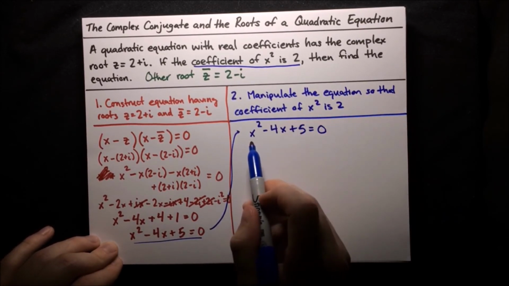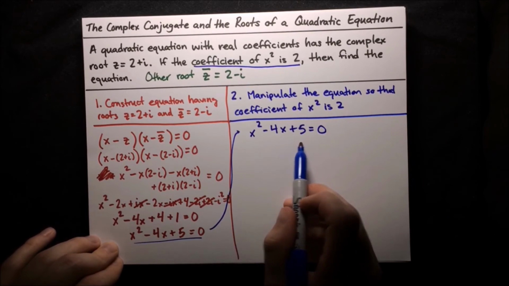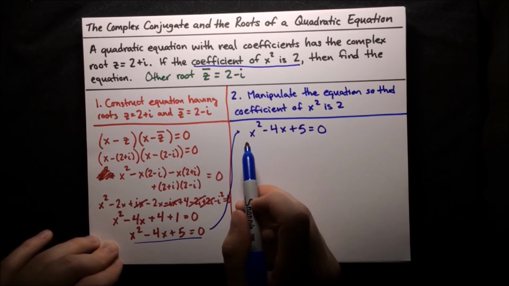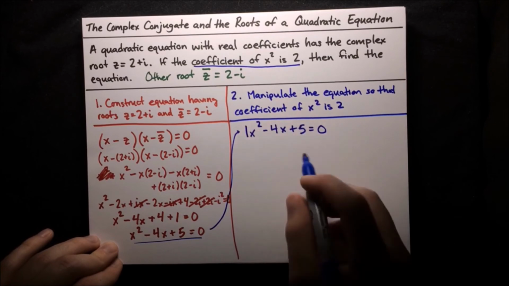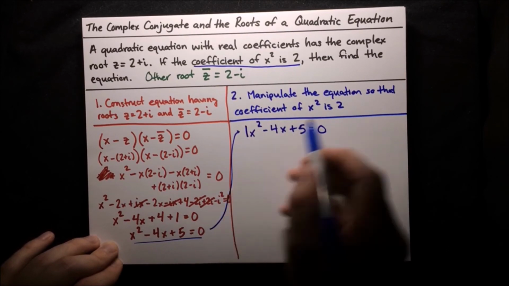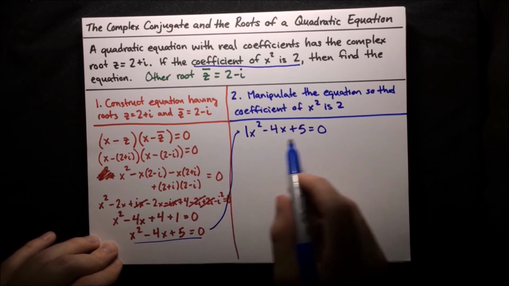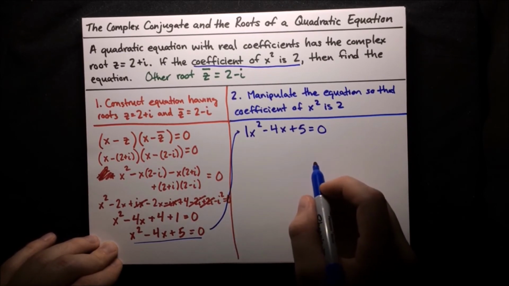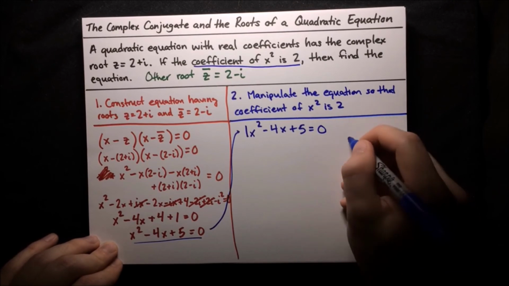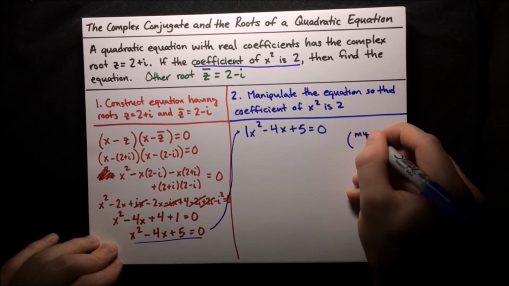And what can we do to this equation so that the coefficient of x squared is 2? Well, right now the coefficient of x squared is 1, so if we just multiply that by 2, we can get it up to 2. So let's go ahead and do that. Let's multiply both sides of the equation, all the terms, by 2.